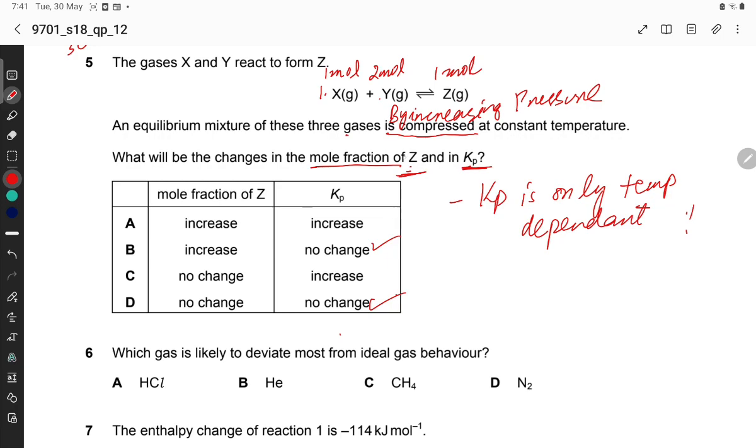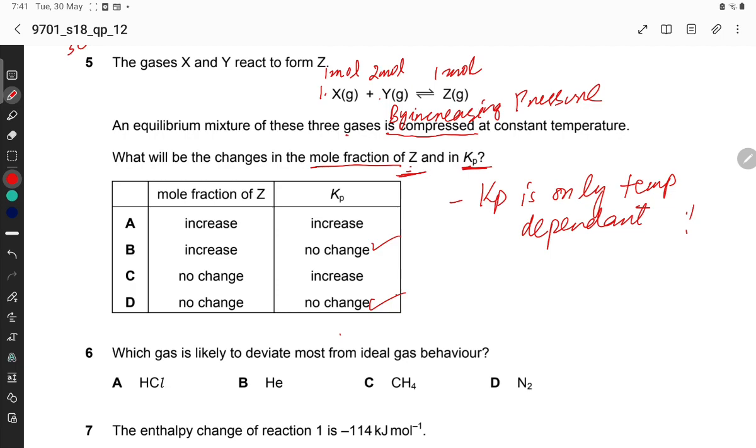What will be the change in the mole fraction of Z and in Kp? The number of moles is 2 on the reactant side, while the number of moles is 1 on the product side.